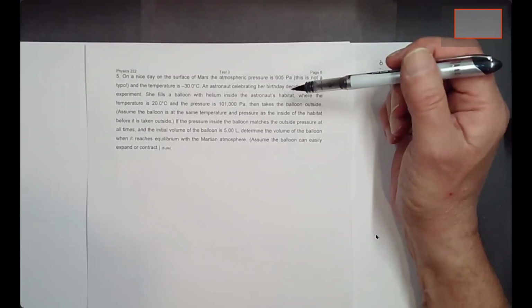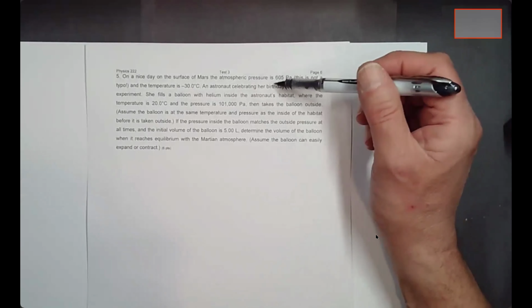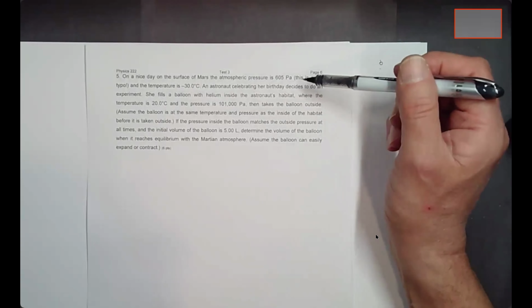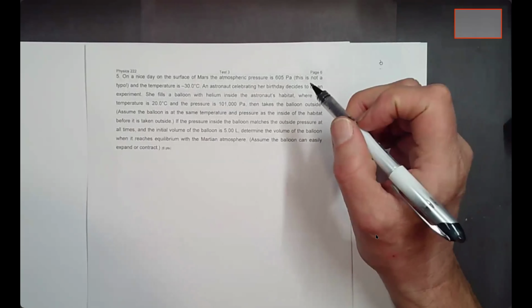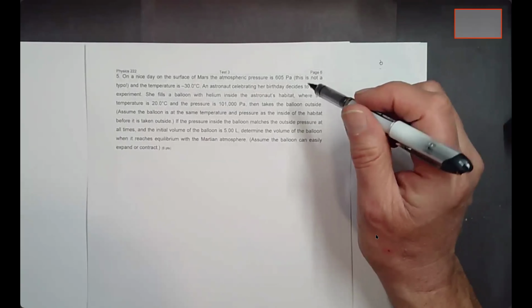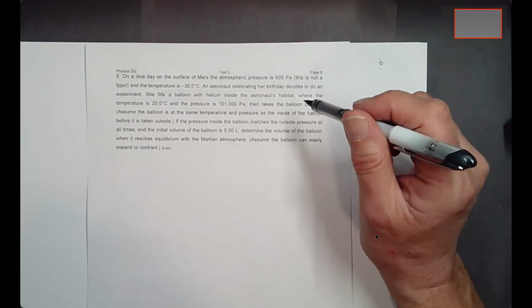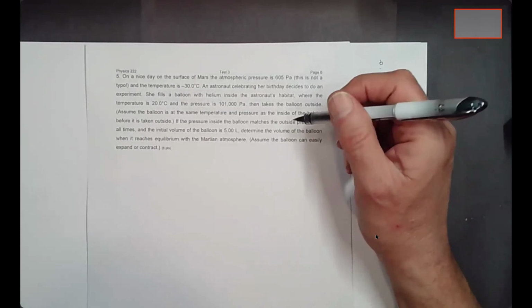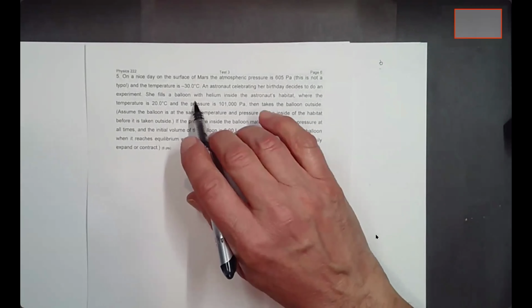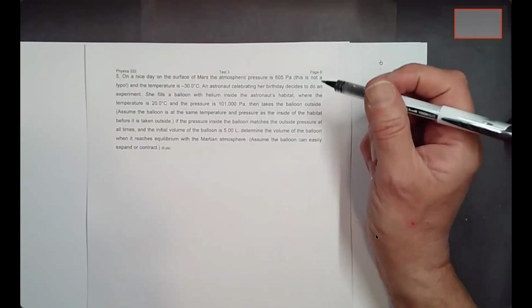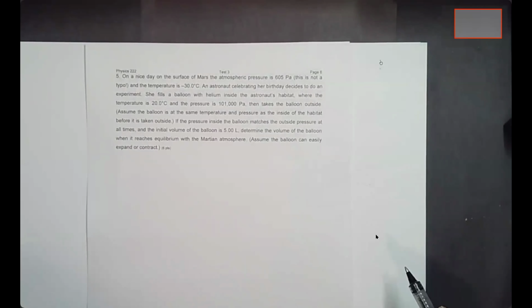Anyway, nice day on the surface of Mars. The atmospheric pressure is 605 pascals, and that is not a typo. The atmospheric pressure on Mars is about 0.6% of what it is on the surface of the Earth. And the temperature is minus 30 degrees Celsius. So an astronaut celebrating her birthday decides to do an experiment.